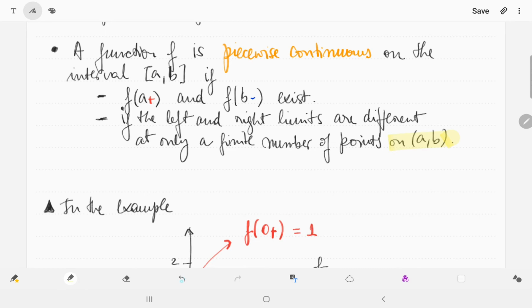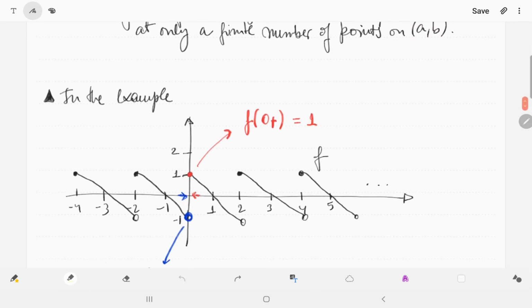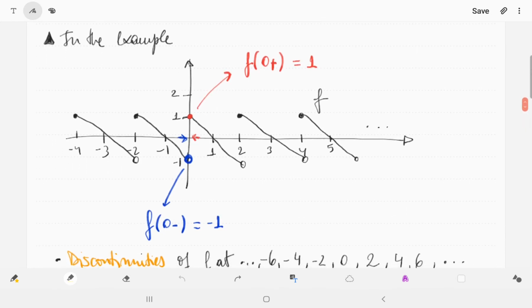Okay, so let's try to see this in our example that we have here. So we have this 0, the point 0 is there, right? If we approach 0 from below, what we get is that f(0-), the left limit, is -1. If we approach 0 from above, the right limit, f(0+), is 1.